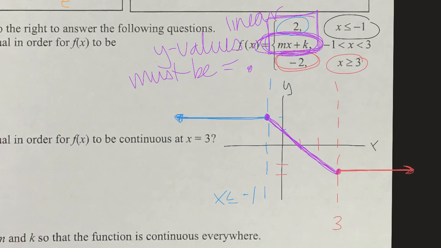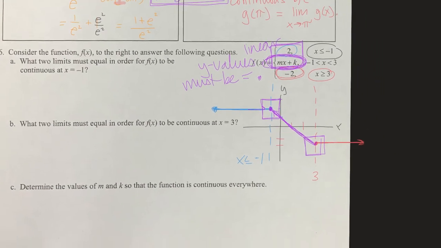This linear function, you need to make sure that the y values at +3 are the same for your top and your bottom, and you need to make sure that your y values are the same wherever your two functions meet. Okay, if it's to be continuous, the y values have to be the same, because the limit from the left has to equal the limit from the right, has to equal the y value at that point. Okay, so let's see what's going on.